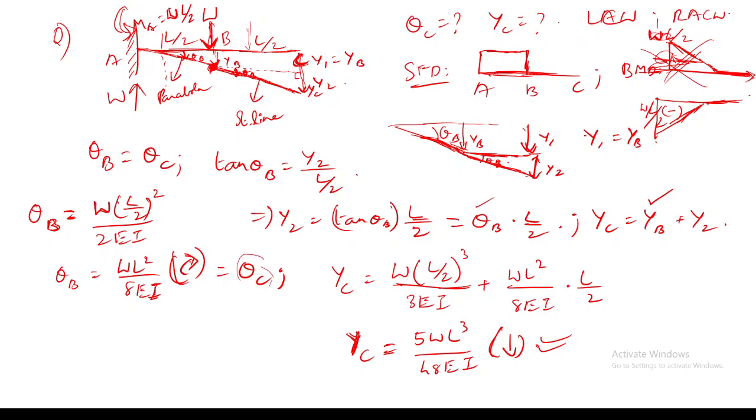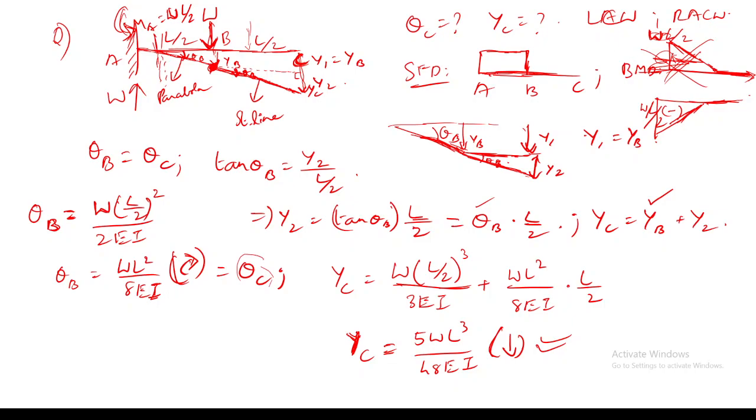When I have a section here, and I see this WL by 2, what is this bending moment? It is on the left hand side of my cross section AB. In which direction is it? It is anti-clockwise, so it is negative.